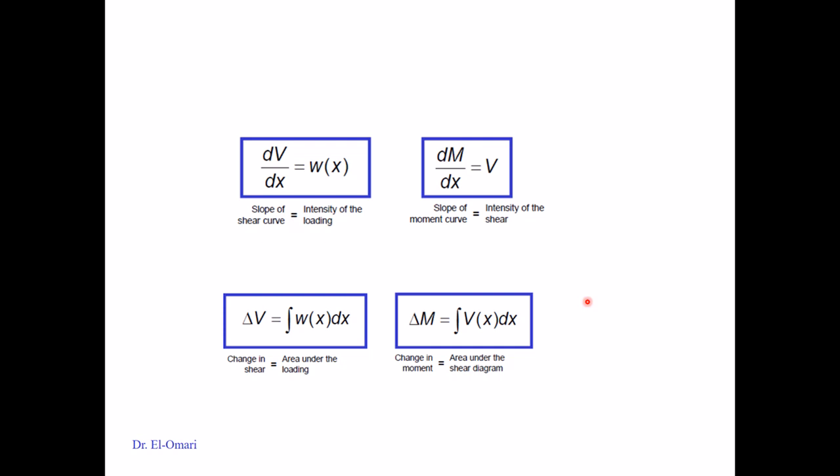If you integrate a constant, you get a linear; if you integrate a linear, you get a parabolic or second degree. It also tells us about the slope: the slope of the shear curve equals the intensity of the loading, and the slope of the moment curve is the intensity of the shear. To get the change in the shear, just get the area under the loading, and the change in the moment is the area under the shear diagram.